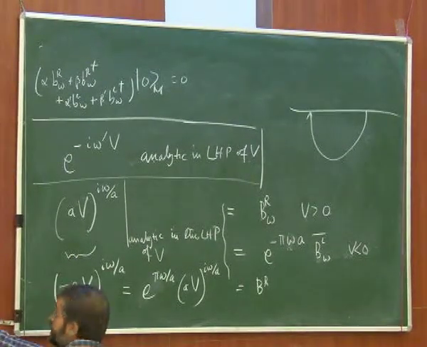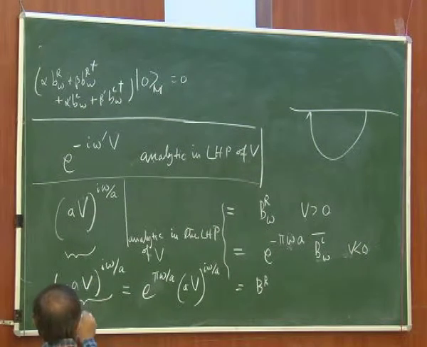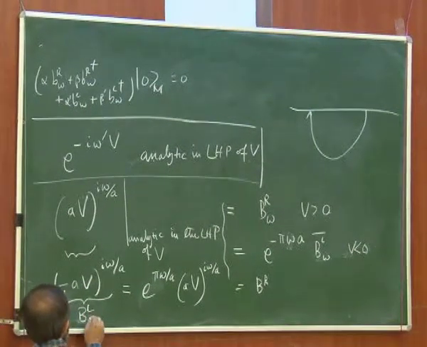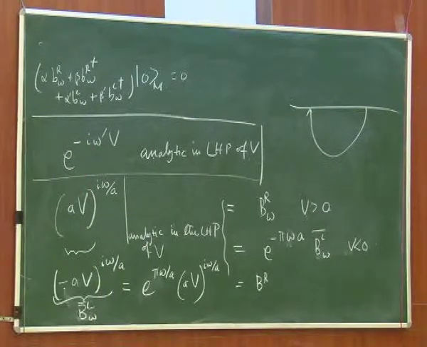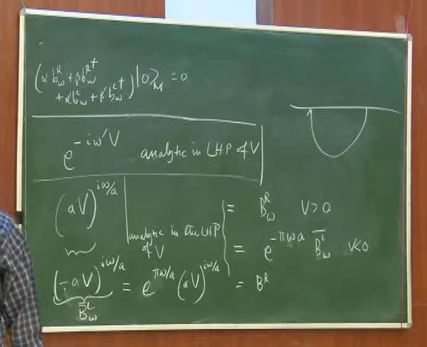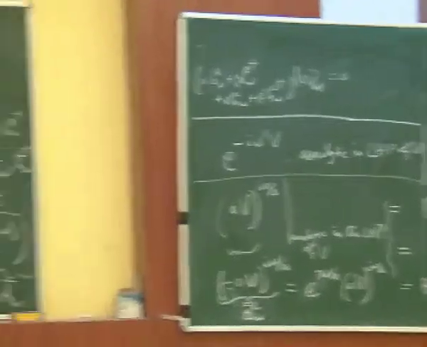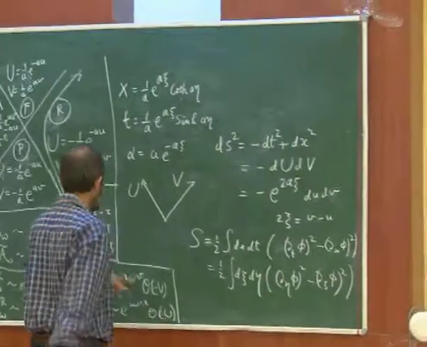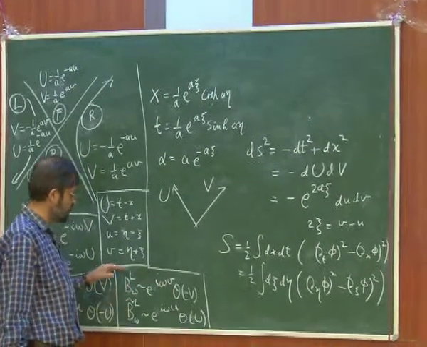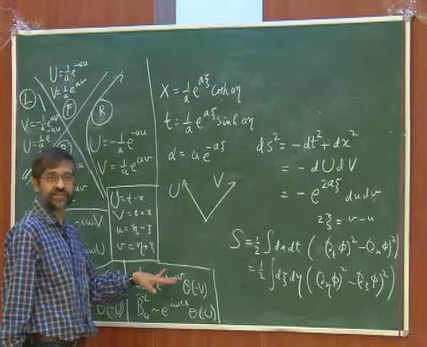If you look at the expressions, BL omega bar is precisely that. This you should find from the expressions that are given. Remember that BL omega has e to the power i omega v. When you take the complex conjugate, it becomes e to the power minus i omega v.